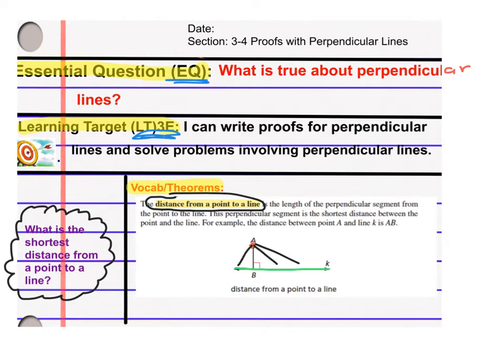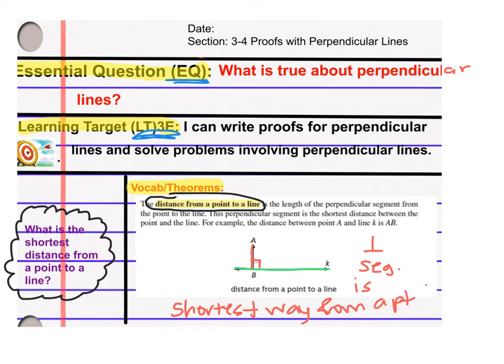I could make all kinds of lines from point A to line K. The shortest possible line is the perpendicular segment. How do I know it's perpendicular? Right here, AB, it has that right angle. So the perpendicular segment is the shortest way from a point to a line. That's basically what that is saying.